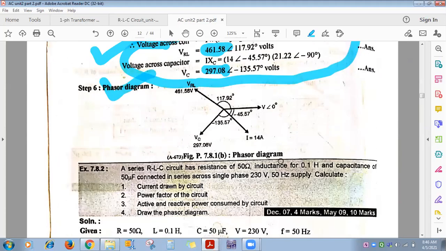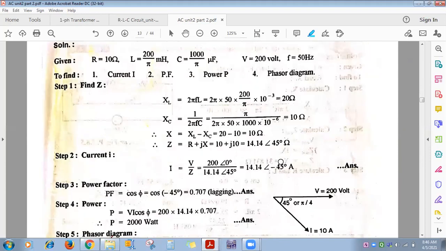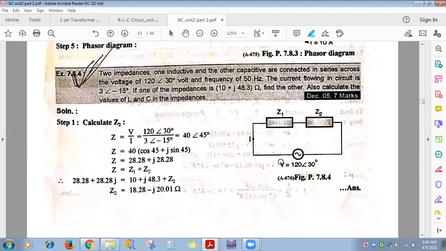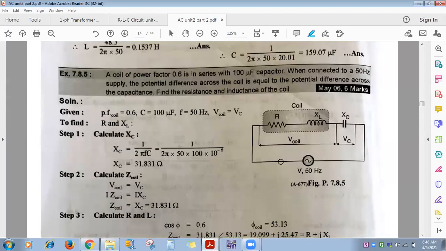Some different type, only one numerical I will take. This one will take. See here, a coil of power factor 0.6.